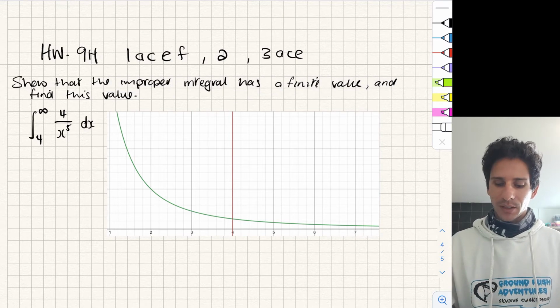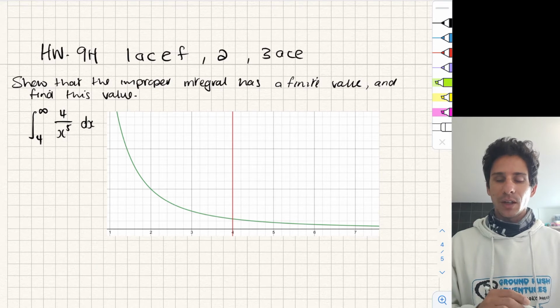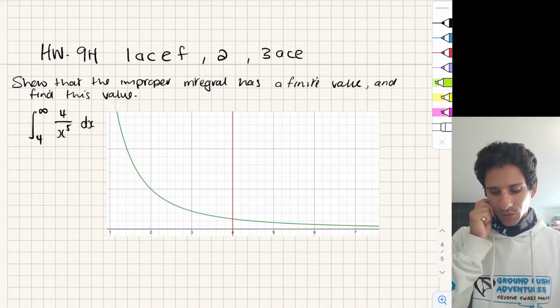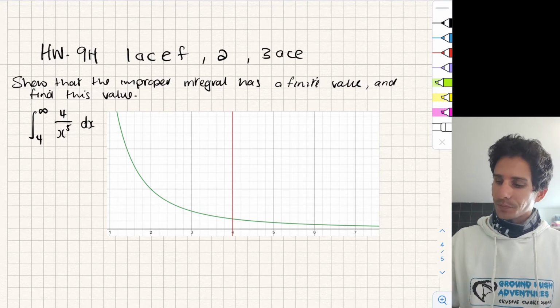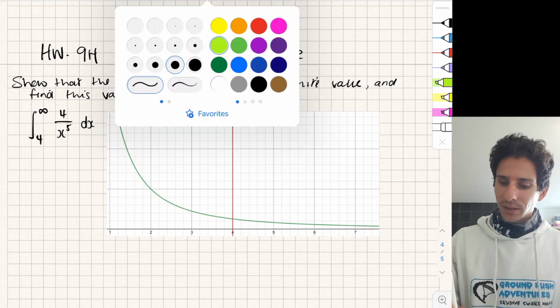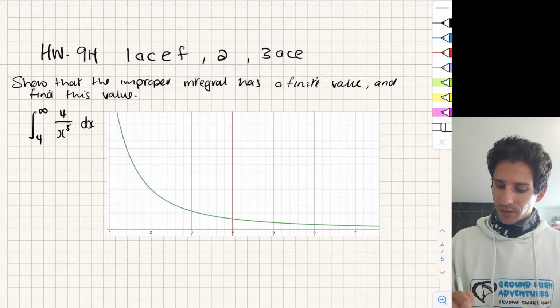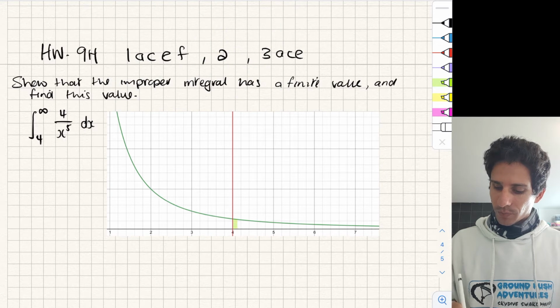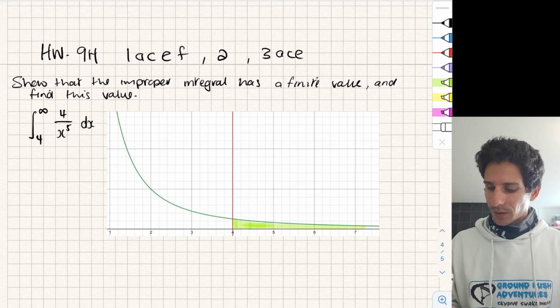And we are basically being asked to find the value, if there is a value, between 4 and infinity. So if we had to shade that, it would be the region from 4 underneath the graph towards infinity.